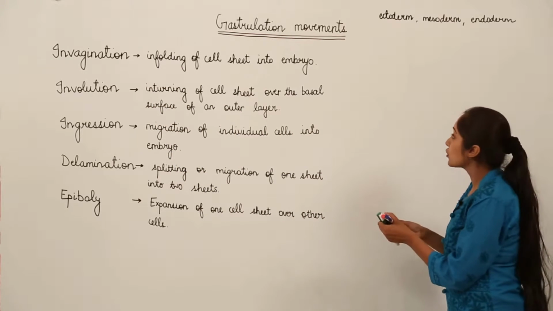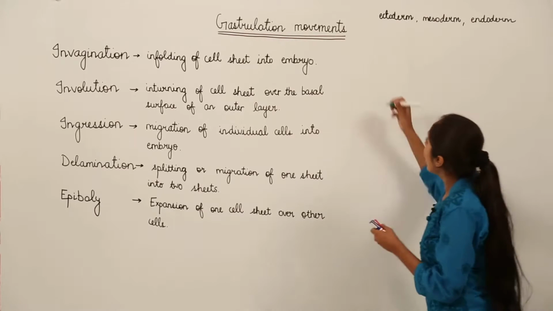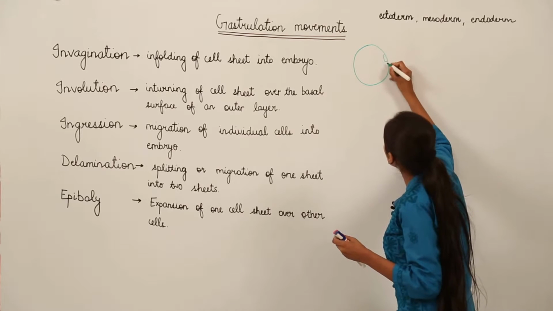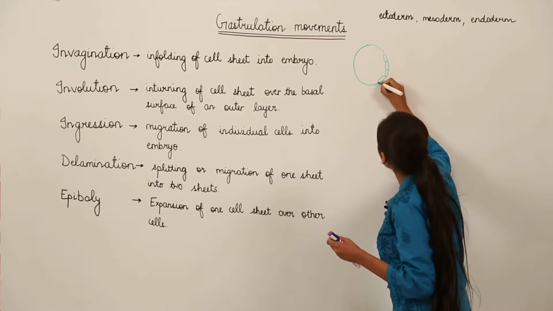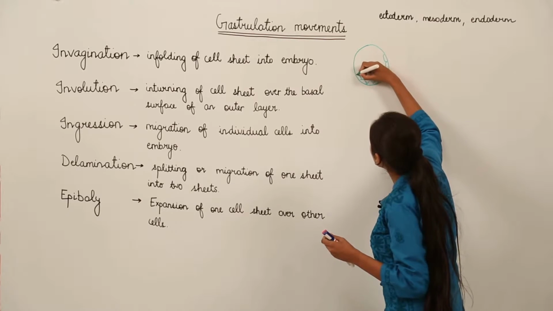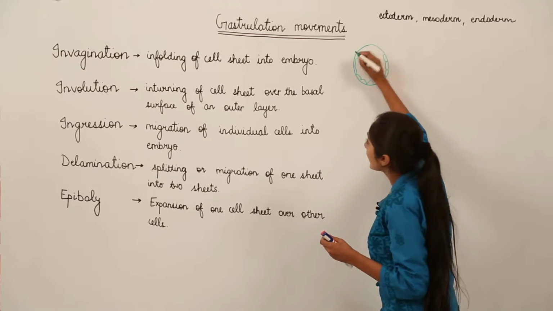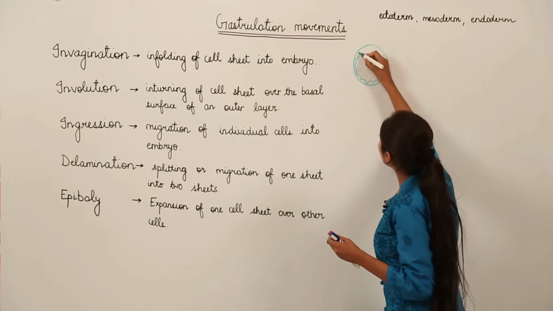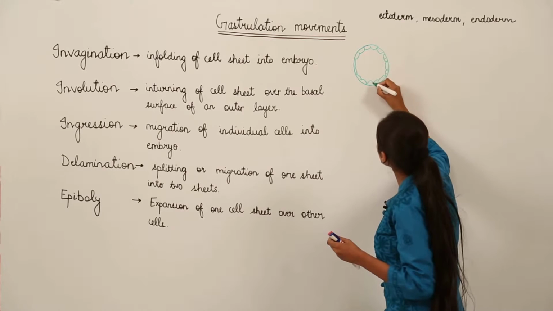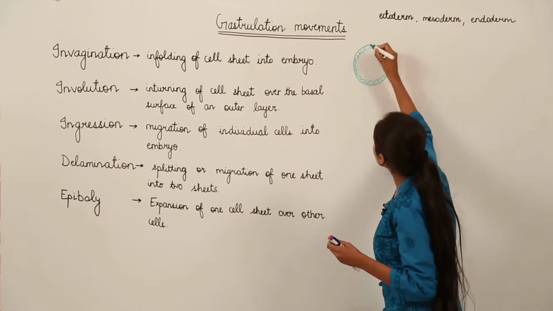So how are we going to show it? If I have to show a few cells, and these cells, according to the definition, are going to move into the embryo, it means there will be an enfolding of the cells. Supposedly this is how I am showing this.